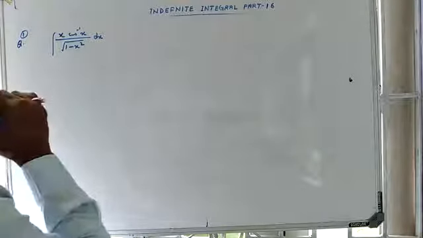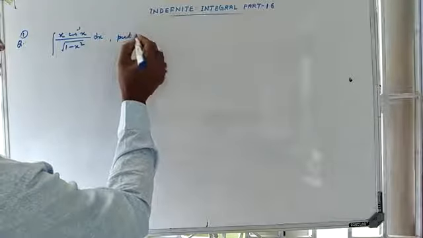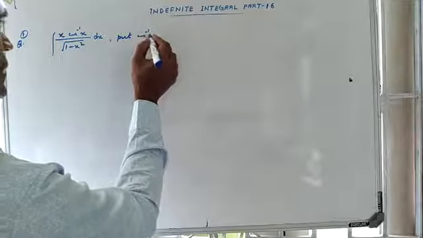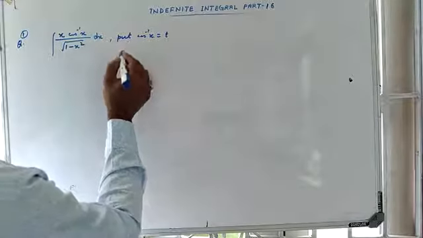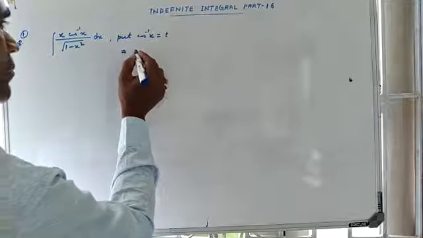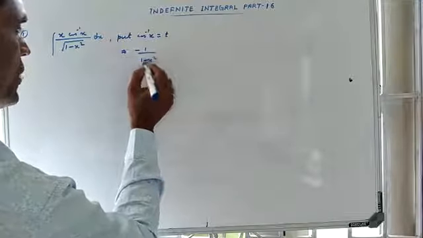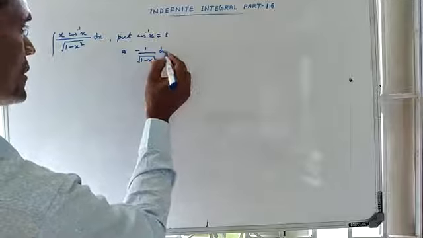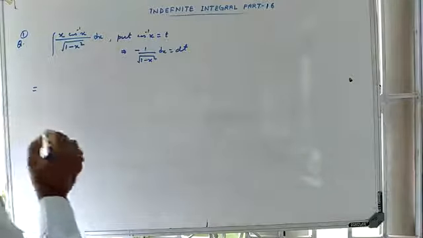So here we apply substitution. Put cos inverse x equals t. Then the derivative of cos inverse x, minus 1 by root under 1 minus x square, dx equals dt.